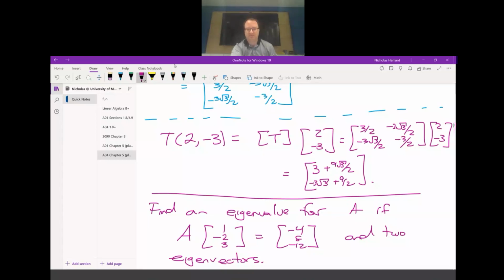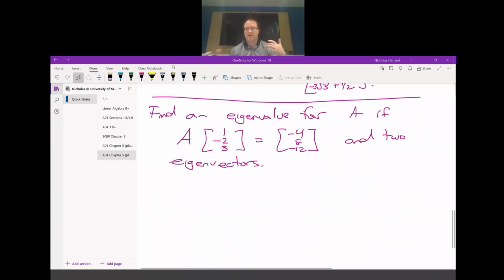All right, so the purpose of this example is to get used to, I mean, this is not necessarily a calculation type example. This is just straight up going to be an understanding example. So what would be an eigenvalue for this?